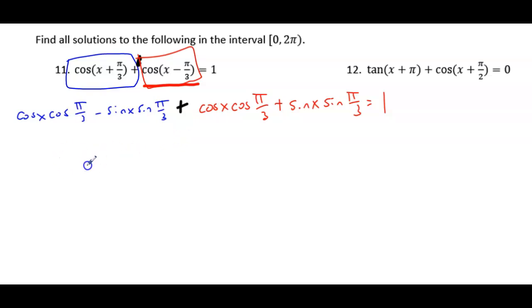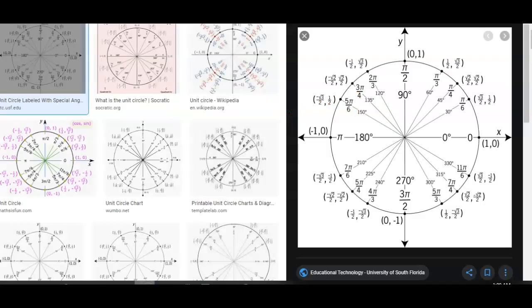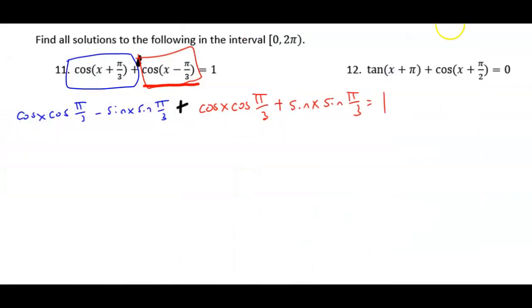Now we need to simplify things. We can actually find cosine of pi over 3. All right, if you look at your unit circle real quick, cosine of pi over 3 is 1/2, and sine is radical 3 over 2. So I'm going to write it right here, 1/2 and radical 3 over 2 so you can see it. So cosine of X is cosine of X. Cosine of pi over 3, cosine is 1/2.